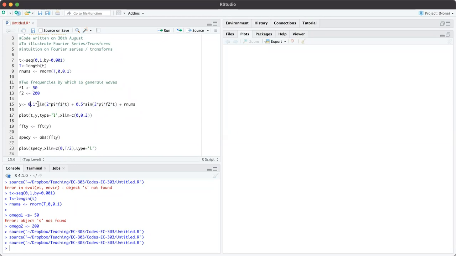For the first wave, sine 2 pi f1 t, I have a fairly small amplitude of 0.1. For the second wave with frequency 200, I have an amplitude of 0.5. I have also added some random numbers to make things even messier. Then I'm going to plot them. So this entire thing I'm now going to first execute.